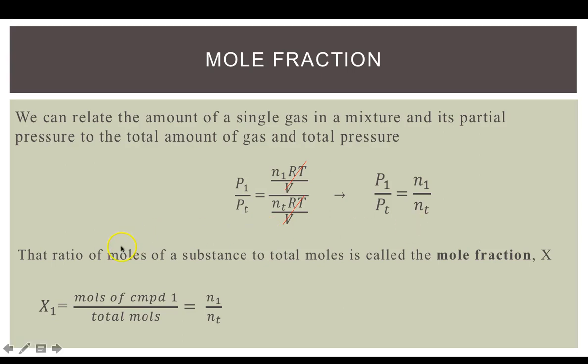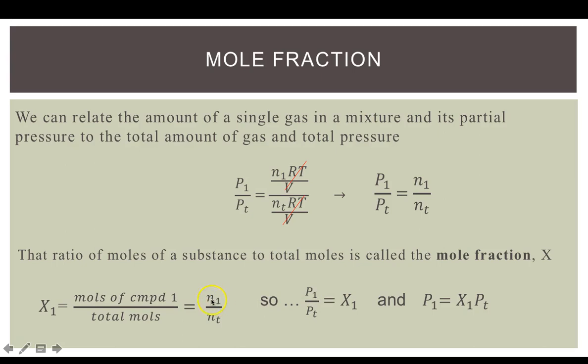So if we had a mixture of molecules, 1 through i, it doesn't matter, you can have an infinite number of molecules. Chi of component 1 equals moles of component 1 over the total number of moles, which we represent more simply as N1 over Nt. Well, let's plug that into the equation.